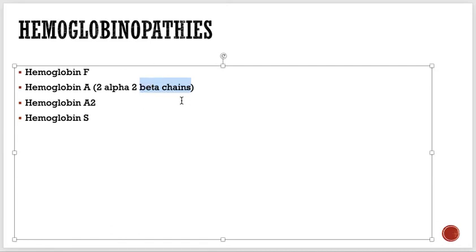Okay, to talk about alpha thalassemia, for example, there are four alleles. So the normal makeup of the alpha chain is like this: alpha, alpha, alpha, alpha.